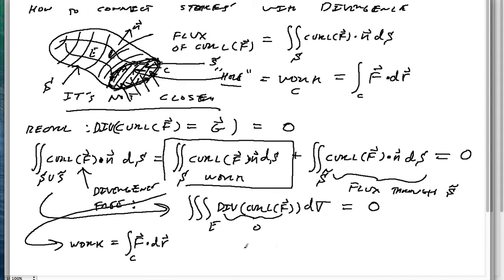All right, so we can rewrite that. Because they're both equal to 0, we can say that the work now is equal to the negative of the integral over S tilde of curl F dot N dS.